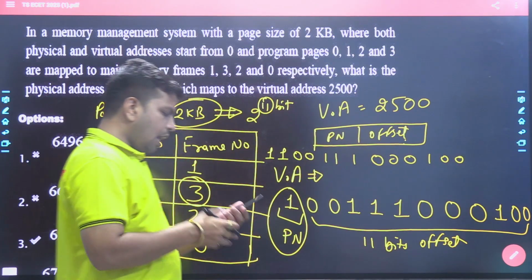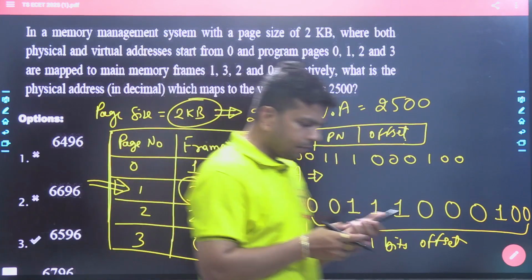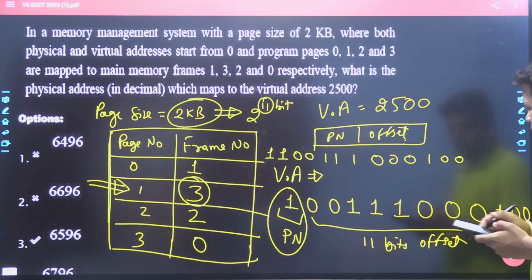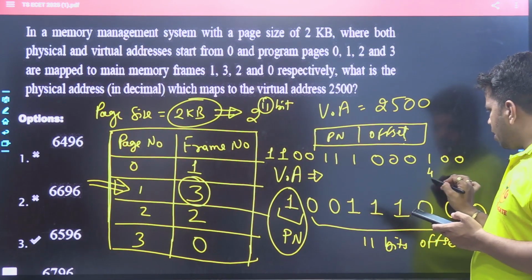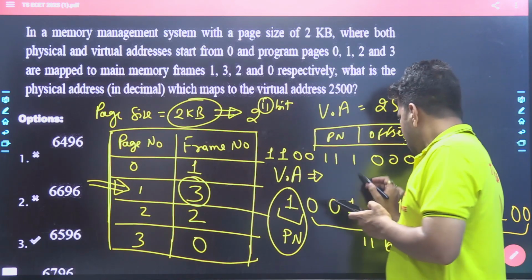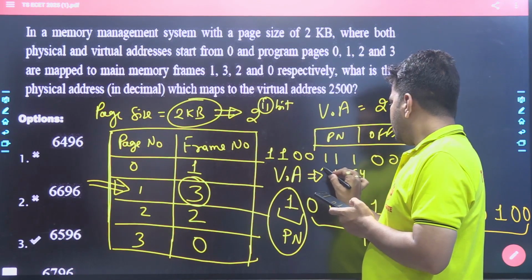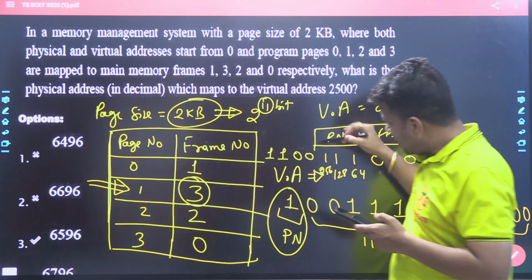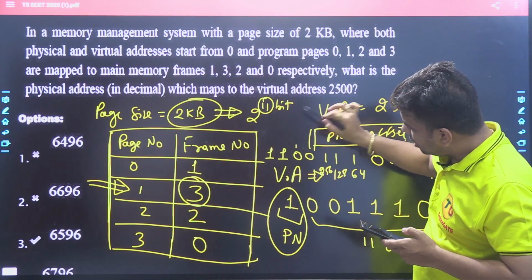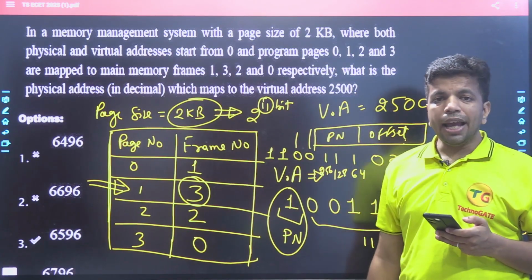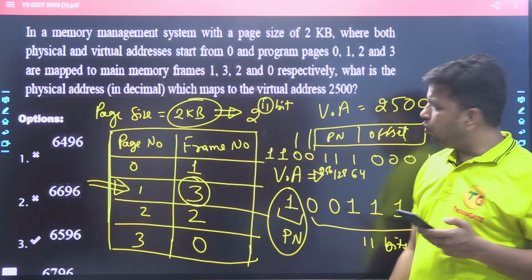Now just to solve this. This bit represents 4. This bit represents 64, 128, 256. This is 512, 2 raised to 9, 2 raised to 10, 1024.